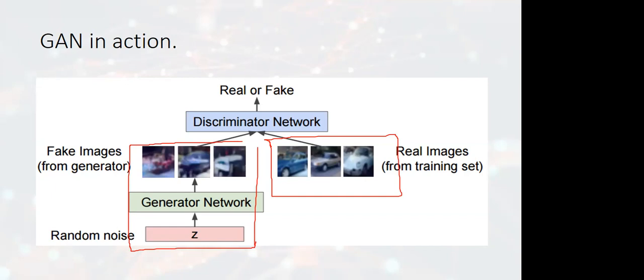The generator network is taking in some noise and producing a random sample. Both the fake image and the real image are fed into the discriminator network, and it says if it's real or fake. That's basically what's happening in a GAN.